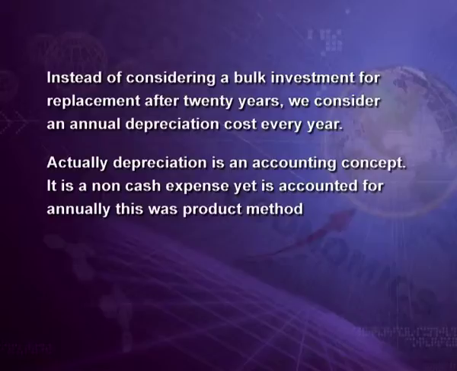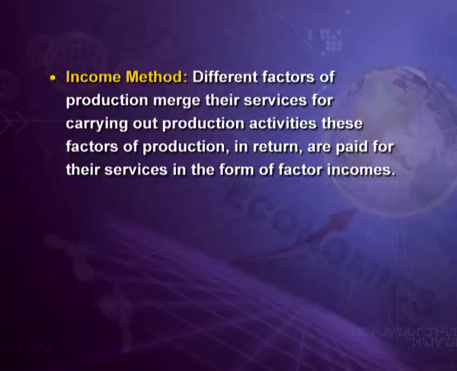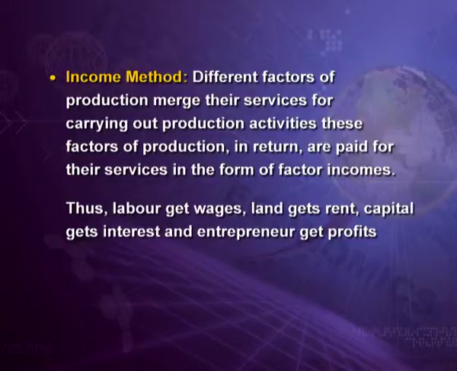This was the product method. Now, the income method. Different factors of production merge their services for carrying out production activities. These factors of production in return are paid for their services in the form of factor incomes. Thus, labor gets wages, land gets rent, capital gets interest and the entrepreneur gets profit.